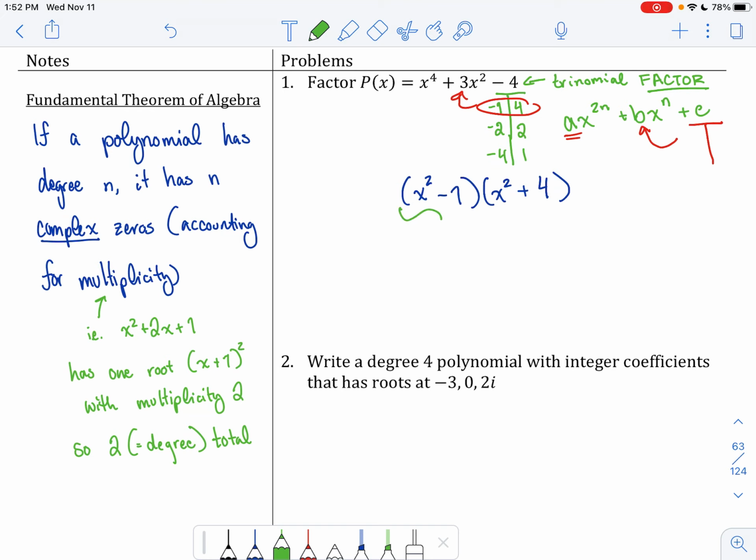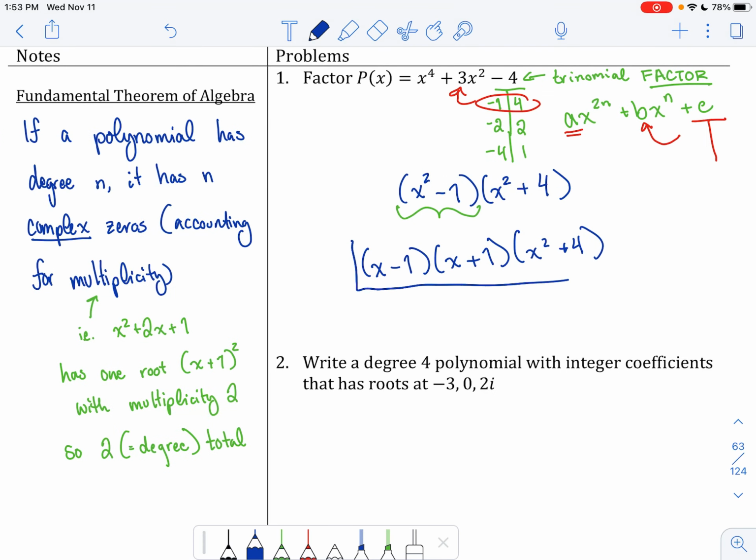Here, we have another factor. This is a difference of squares, so make sure that you're factoring everything completely, because x squared minus 1 is x minus 1 times x plus 1. And this is not a difference of squares, it's a sum, so we would leave its factored form like so. So this would be its complete factored form there.